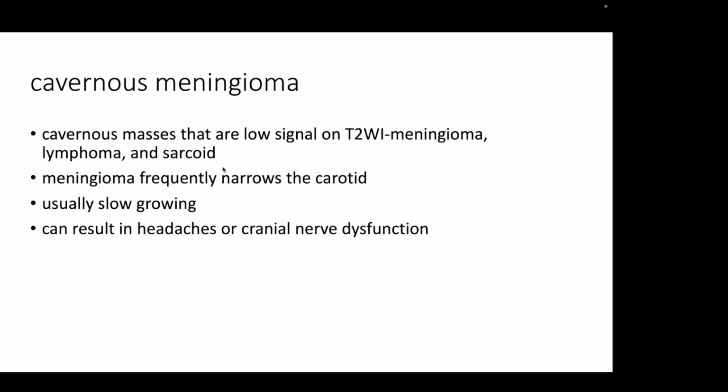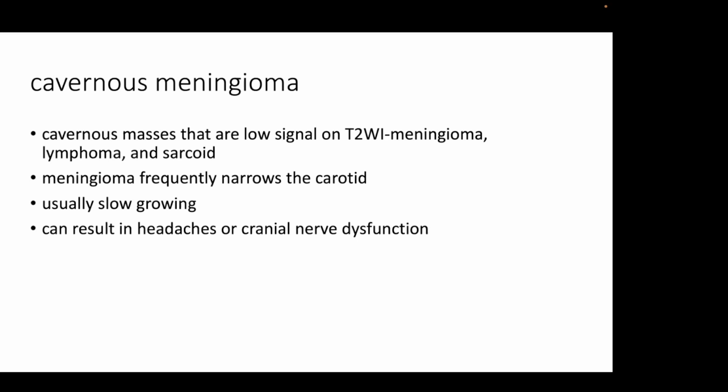Meningiomas, the narrowing of the carotid strongly favors meningioma. And particularly when you're dealing with masses that come into the sella, sometimes the differential is between a macroadenoma and a meningioma. And remember that meningiomas can narrow the carotid, but macroadenomas will never narrow the carotid artery.